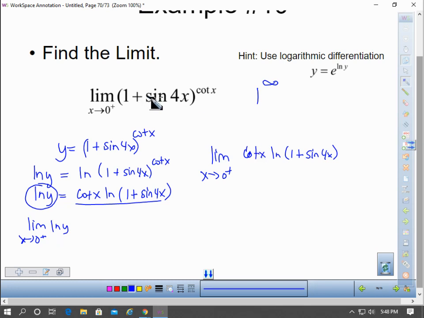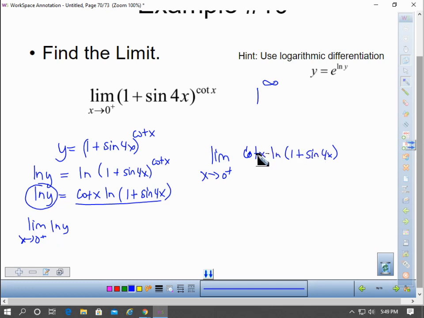Well, this new expression is now 0 times infinity. Remember, we had 1 raised to the infinity. So now we have cotangent times this, which is ln of 1 plus sine.